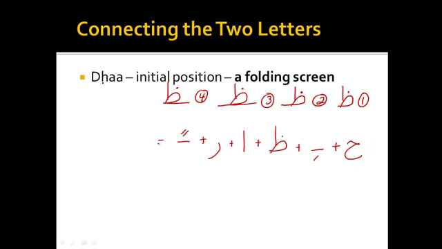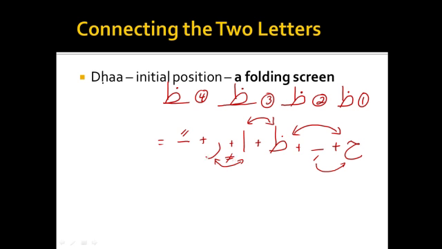Now, let's write this together. So the ha and the dha will connect. Okay? And again, this kasra goes underneath. Now, the dha and the alif also connect, right? But the ra does not connect to the alif because the alif doesn't connect to what comes after it.